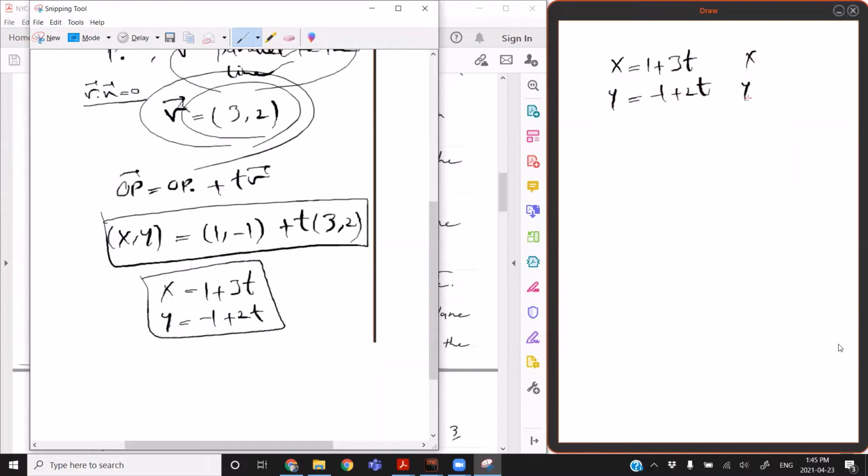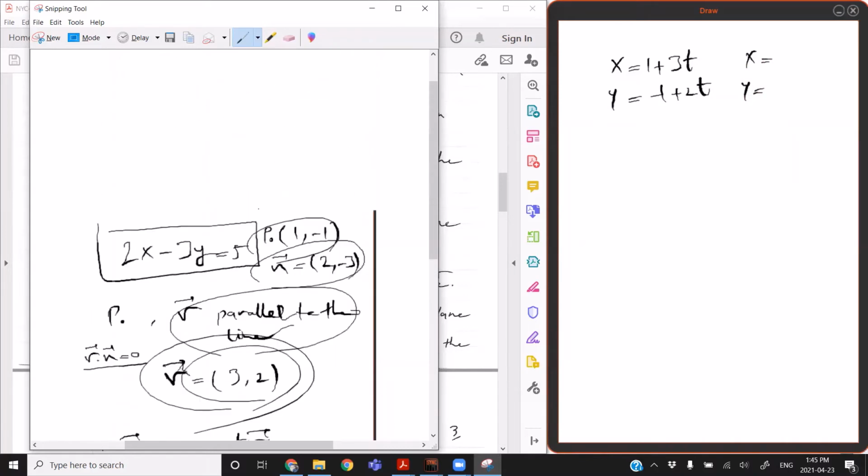And the other set that I found, I erased it, but I can do it in my head. No, it was x is 3 over 2t plus 5 over 2 and y is t.